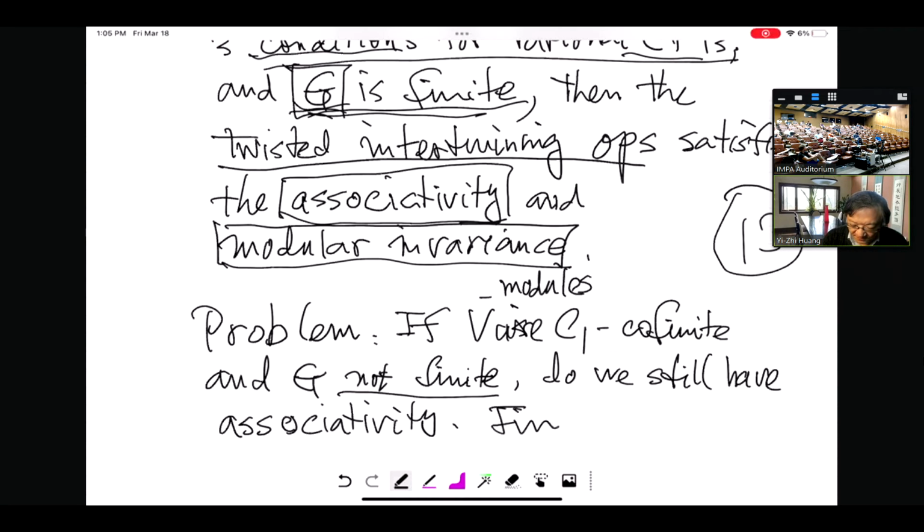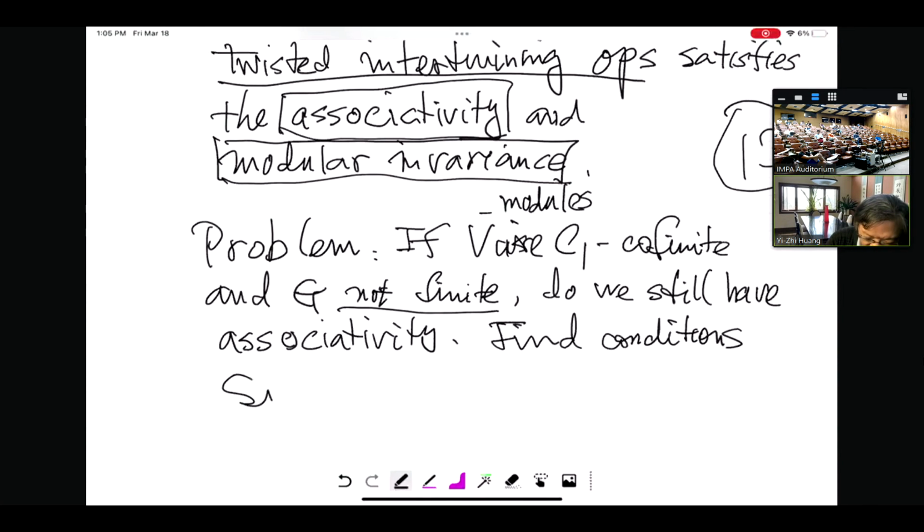So the problem is to find conditions. Similarly for modular invariance.